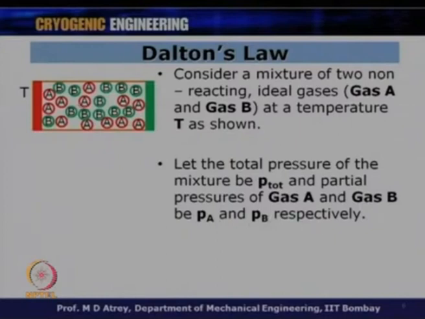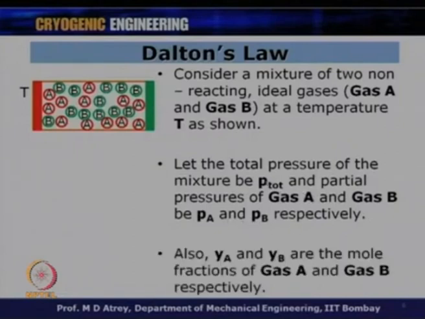Because they are present in part, the total pressure is P total, and depending on the amount of gas A and gas B, each will have its partial pressure, denoted PA and PB respectively. Also, YA and YB are the mole fractions of gas A and gas B.